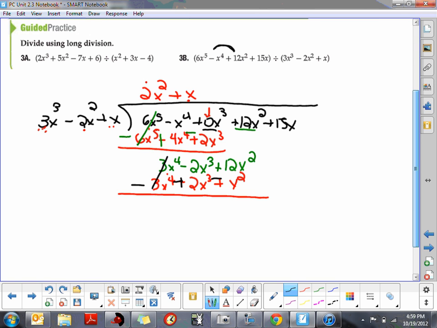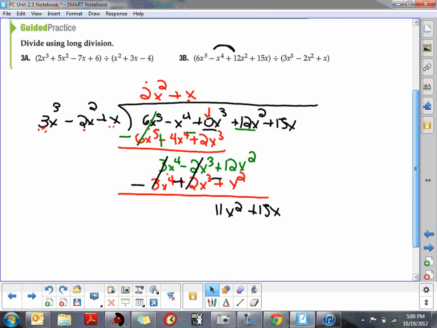It's a positive 2 and a negative 2, they'll reduce, and all we have left then is 12x squared minus an x squared, which is an 11x squared. Next thing we do after we get done with subtraction, we drop down our last and final number, plus 15x.